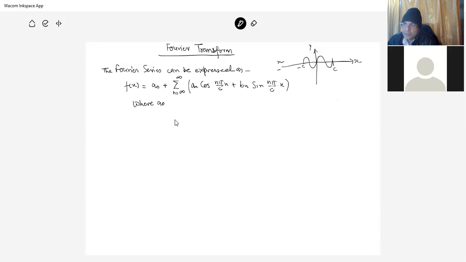where a0, an and bn are the coefficients in Fourier series.